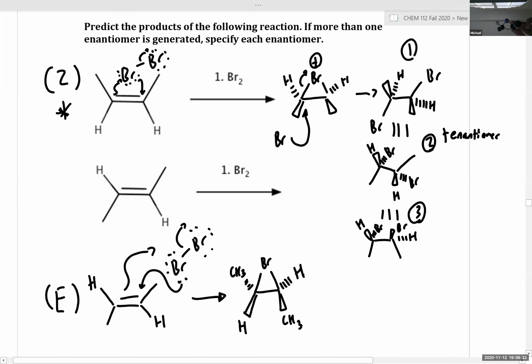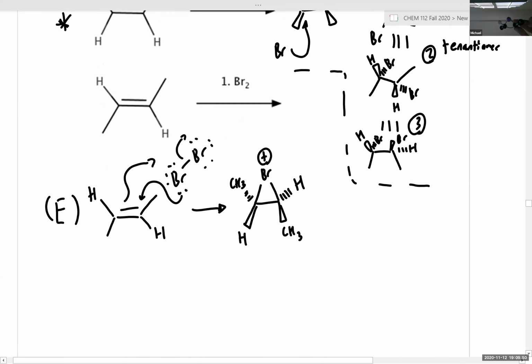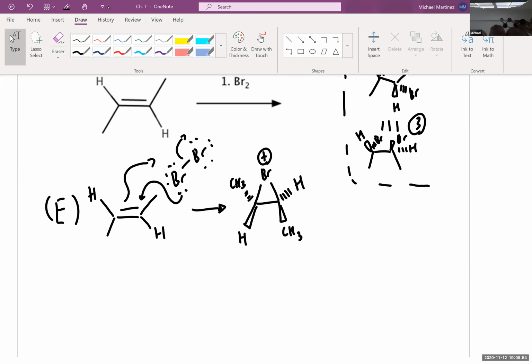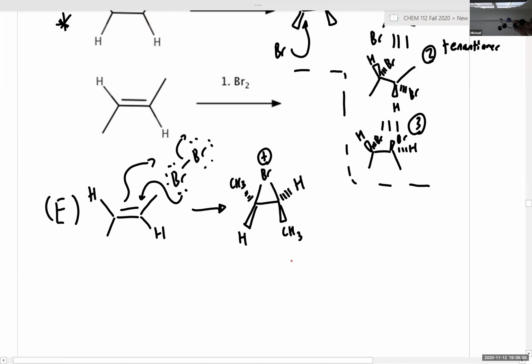Does everyone notice how the bromonium intermediate that we have for the E-alkene is different? Okay, now we can certainly attack at either position.